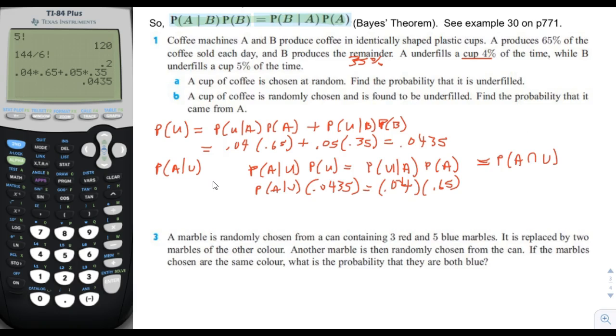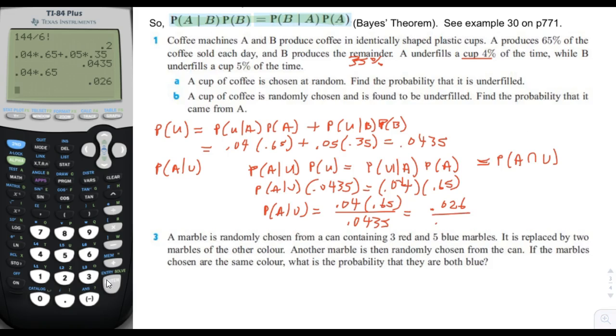So now we can find the probability that it's A given that it's underfilled by dividing this divided by that. Okay, so 0.04 times 0.65 is 0.026 divided by 0.0435, which is 0.598.